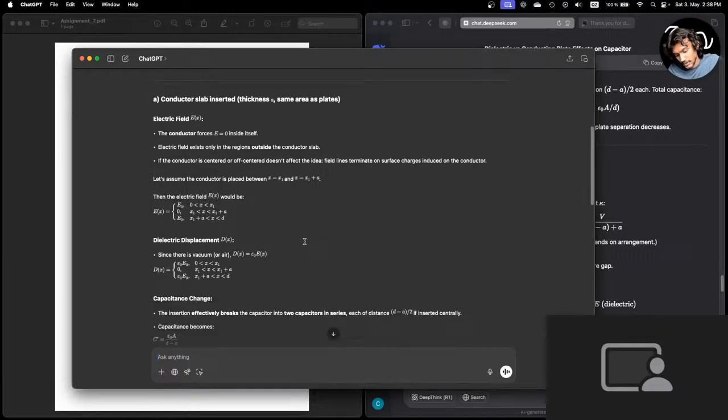The E0 if it's between x1 plus a and d. That's going to be the electric field, and now it's the dielectric displacement. What is dielectric displacement?